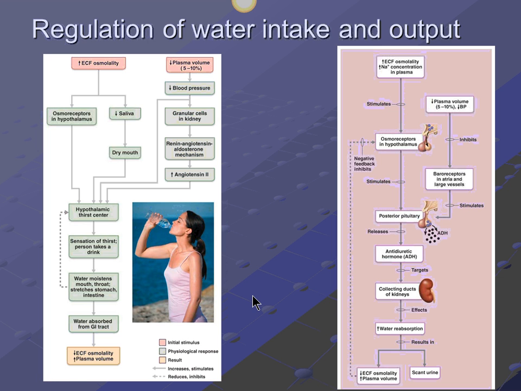So this is showing you regulation of water intake and output. Look at this: if there's a decreased plasma volume, say you've lost fluid through any means, your blood pressure decreases, the kidneys sense that, they cause renin to be secreted, which leads to angiotensin, and this acts on the hypothalamic center, apart from also causing aldosterone release. Now, when you've lost fluid, your osmotic pressure increases, so extracellular fluid osmolarity rises, and your mouth becomes extremely dry, as decreased saliva causes dry mouth.